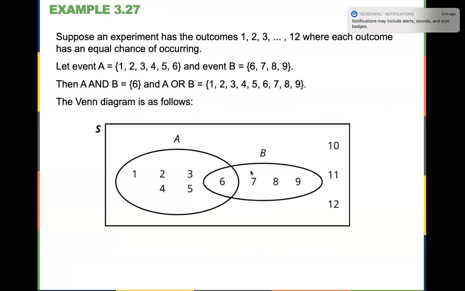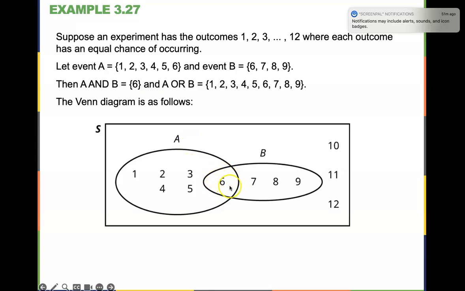This is example 3.27 from the book. Suppose an experiment has the outcomes 1, 2, 3, 4, 5, 6, 7, 8, 9, 10, 11, 12, where each outcome has an equal chance of occurring. If event A is 1, 2, 3, 4, 5, 6, which you can see here in the circle, and event B is 6, 7, 8, 9, which again you can see in the circle, then the event A and B would be the overlap.